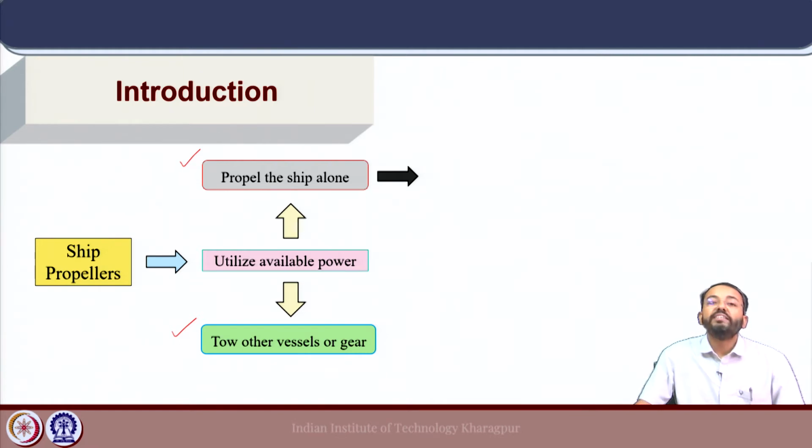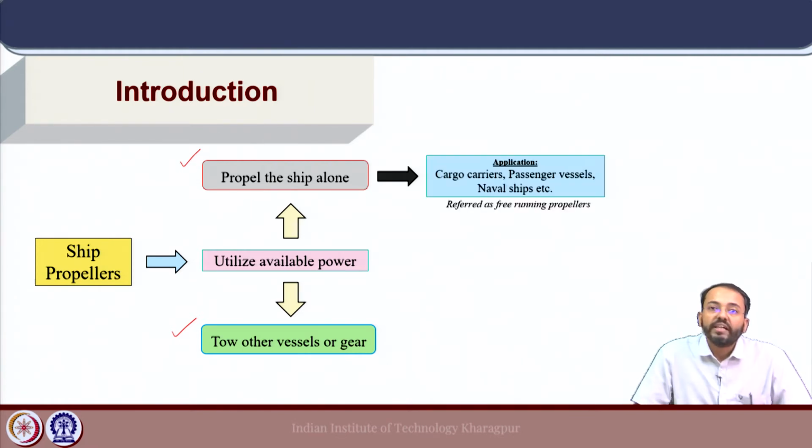When the power is used to propel the ship alone, this finds its application for different marine vessels like cargo carriers, passenger vessels, naval ships, where the propellers are referred to as free running propellers. That means the available power is utilized to propel the ship, and that is the sole purpose of the propulsion system.